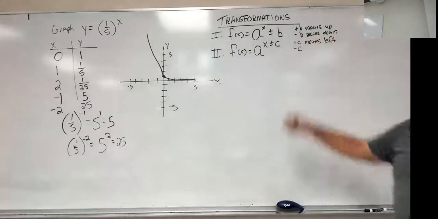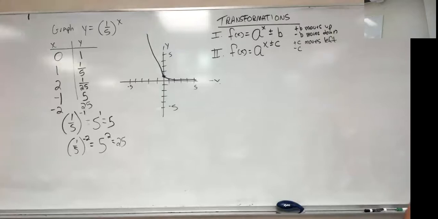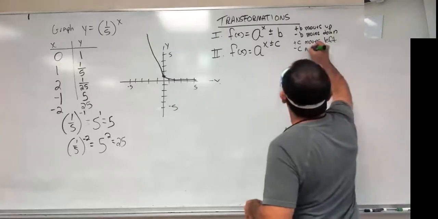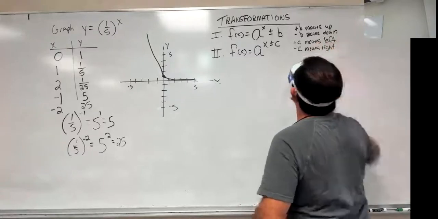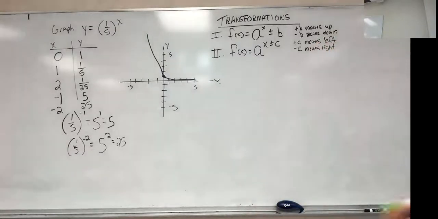And if I subtract c from that x, it's going to move my graph to the right. And that's the same as it did when y'all were doing them inside the parentheses on that section. It was always opposite on the horizontal movement.